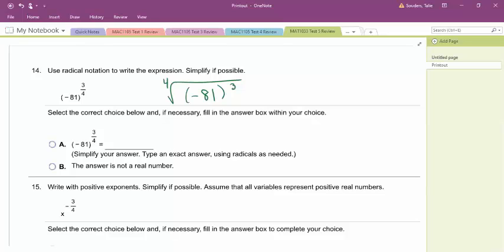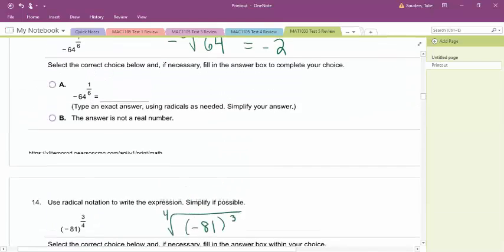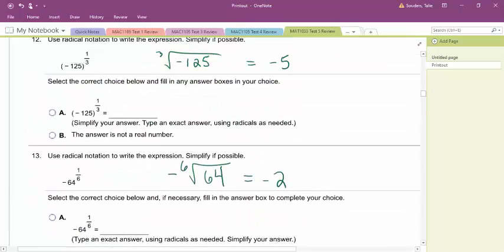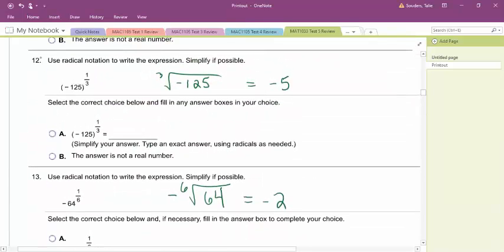What do you know about this answer, though? The answer is not a real number. Why is it not real? I went over this with my aunt because she's a math teacher, but she said that if it's odd, you can work it out like in this problem, number 12.